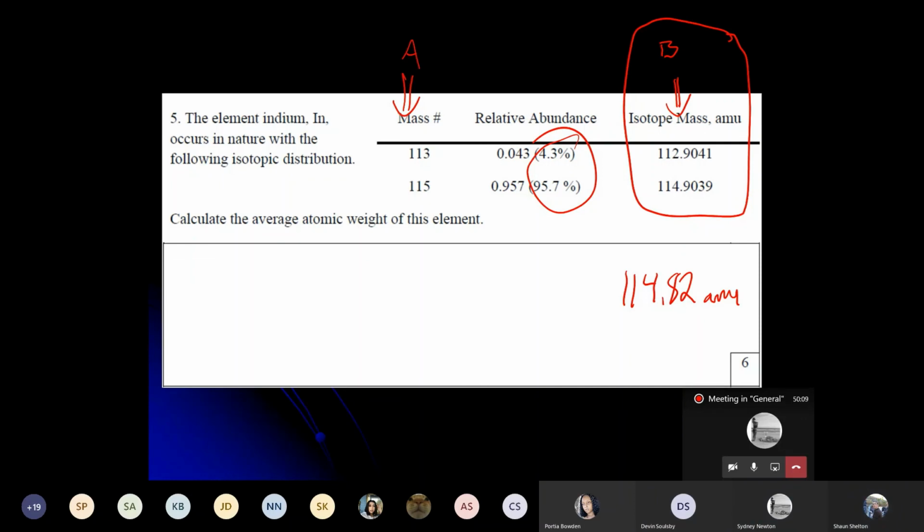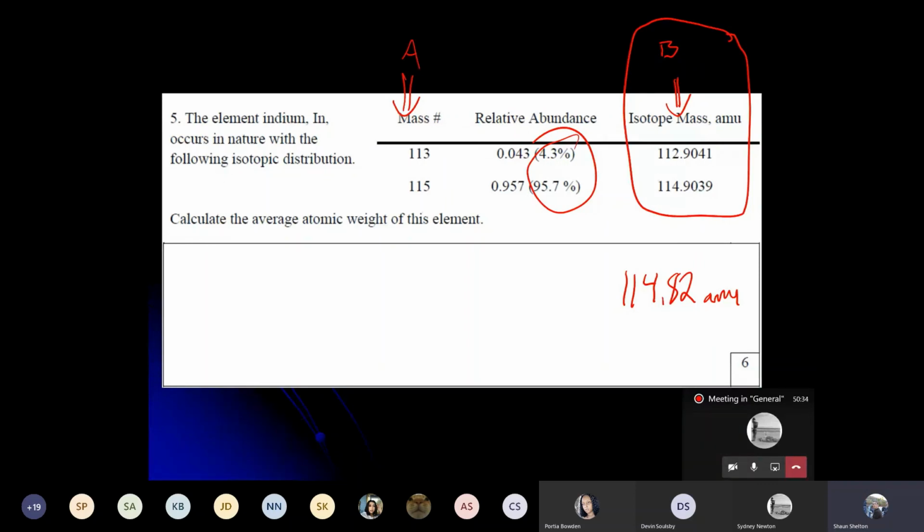So what I did was I put 4.3 divided by 100 times 112.9041 plus 95.7 divided by 100 times 114.9039. What I got was 114.82, rounding up to that.